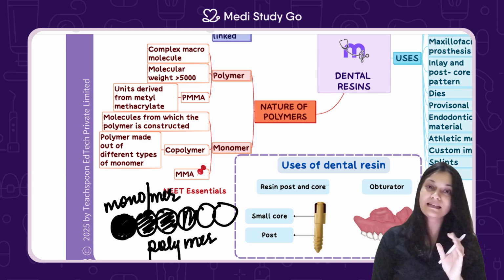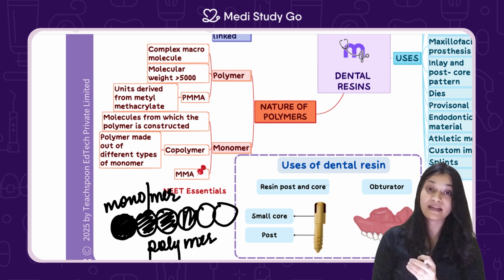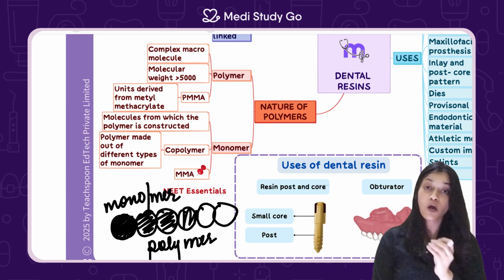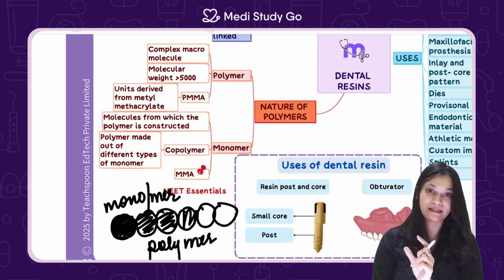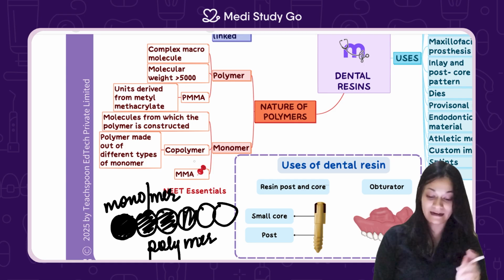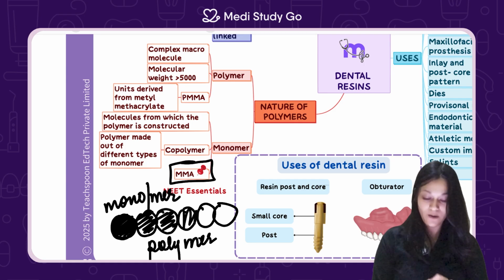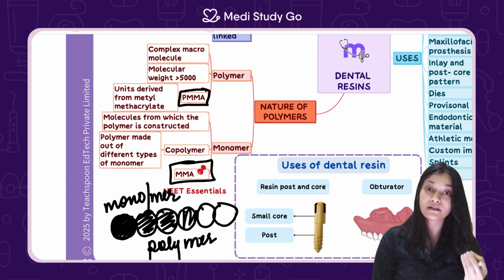To give you a very small example, your PMMA, which is also known as your denture-based resin, is nothing but polymethyl methacrylate. When I say just methacrylate, it's your monomer, which is the liquid of your denture-based material, and the powder here is PMMA. So what happens is it has a polymer structure.